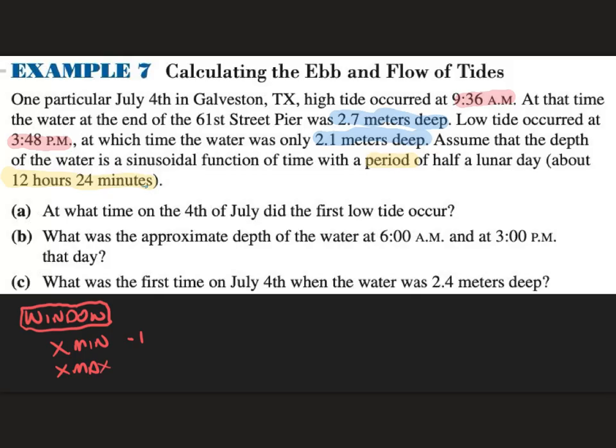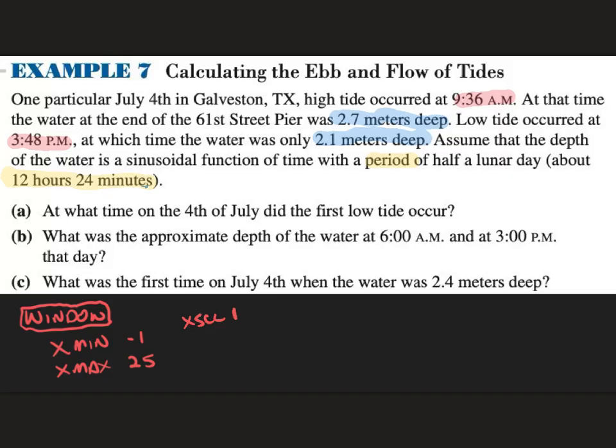X-max, for a full 24-hour period, I would probably go to 24 or 25. X scale, let's start with 1. Let's look and see what the graph looks like. We might have to revisit this one.